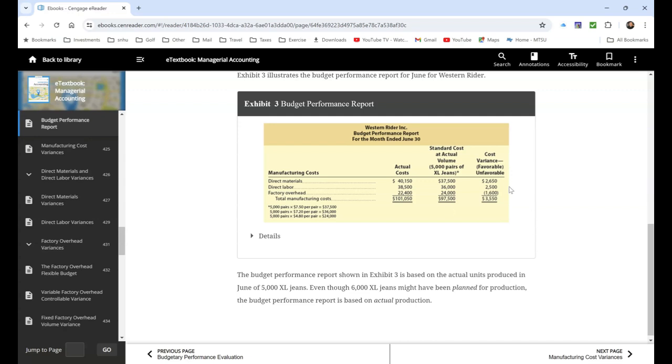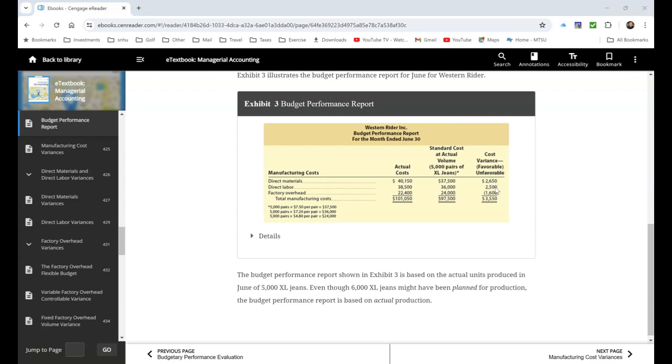Now here it says that favorable is a negative number, unfavorable is a positive. A lot of companies use the opposite. A negative number, whether it's revenue or cost, means you have an unfavorable budget variance. A positive number means you have a favorable budget variance. So it's one thing to keep in mind when you're looking at numbers to make sure you understand what you're looking at.